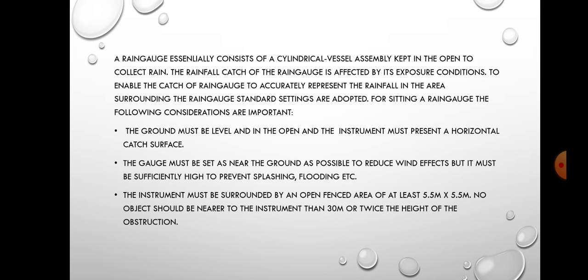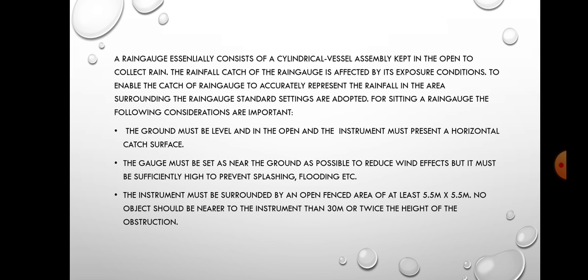So, the rain gauges in standard settings are adapted. For setting a rain gauge, the following conditions are important. The ground must be level and open, and the instrument must present a horizontal catch surface.